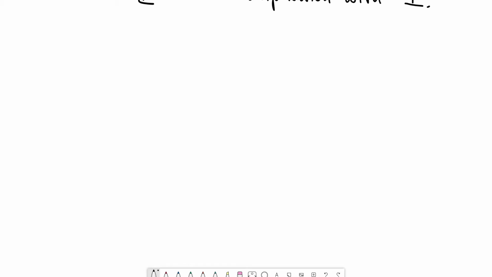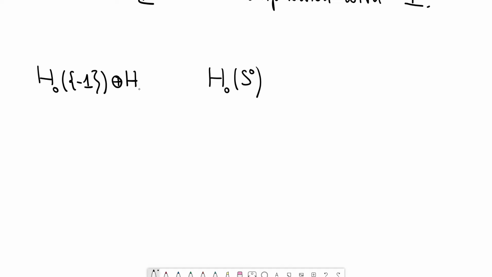All right, so S0 is very, very easy to compute the homology, because it's just 2 points, and the 2 points are minus 1 and 1. So we have this isomorphism.